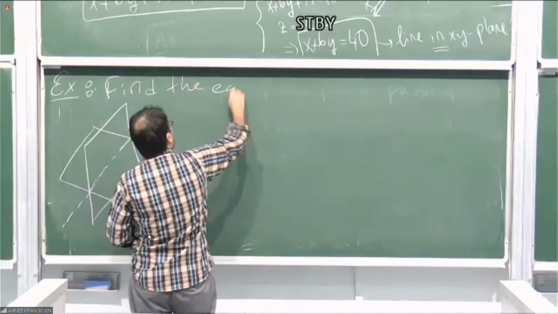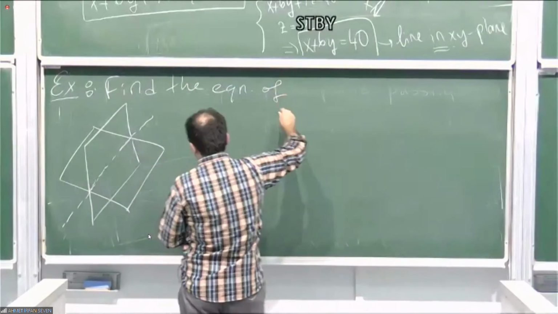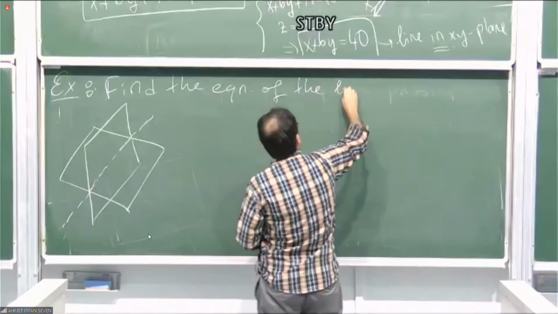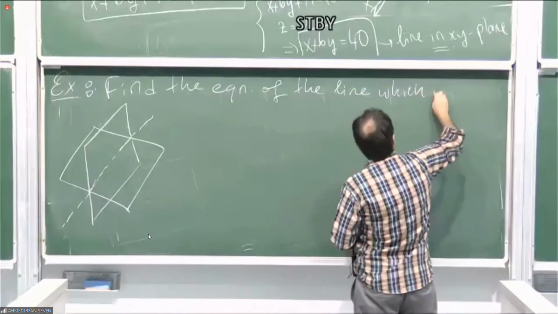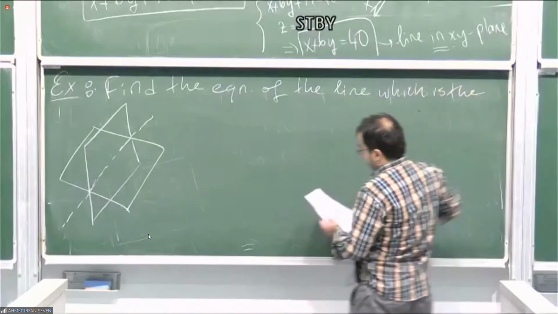Right? So it is natural to ask how we find these intersection lines. Let's consider finding the equation of the line which is the intersection of the planes.